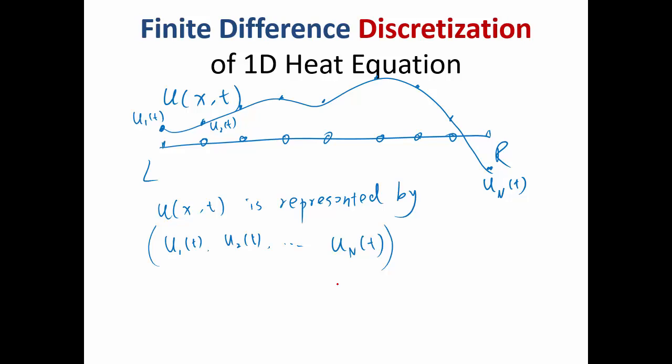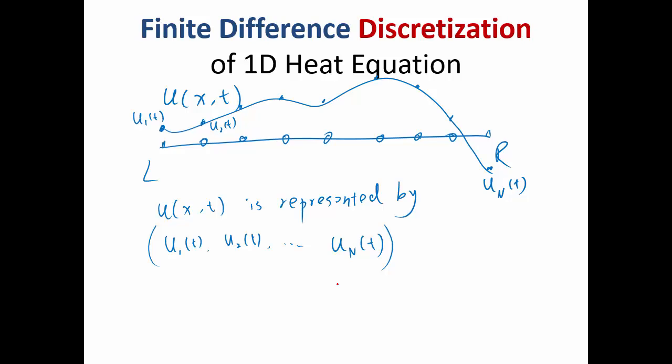We have basically converted a partial differential equation, a function of two variables, x and t, into multiple functions of only one variable. Now n may be large. For some problems, n may be millions or billions. But anyway, these are finite numbers. I have converted a function of space into a vector of space.